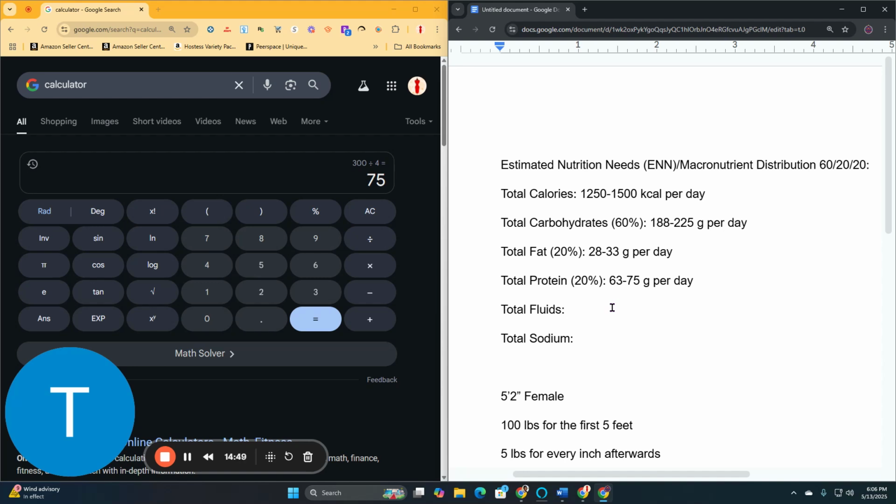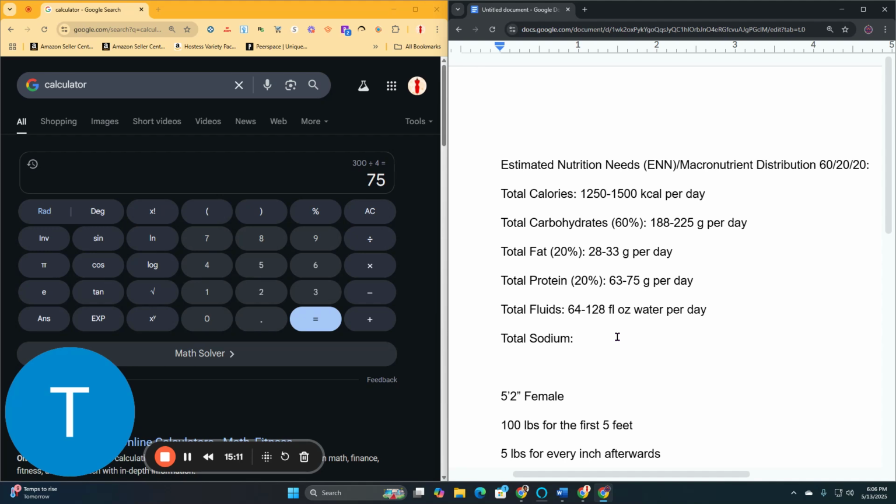For me, the standard is 1/2 gallon to 1 gallon for almost every patient unless they're on a fluid restriction. And 1/2 gallon is 64 fluid ounces, and a gallon is 128 fluid ounces of water per day.